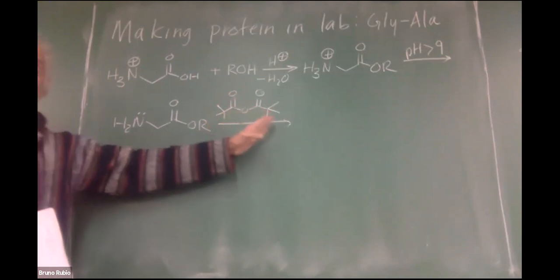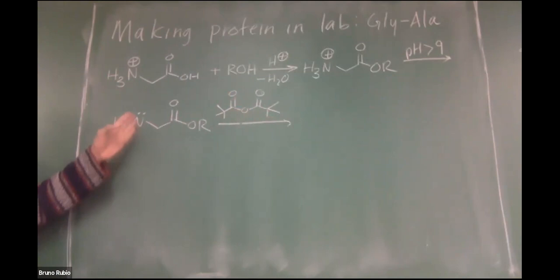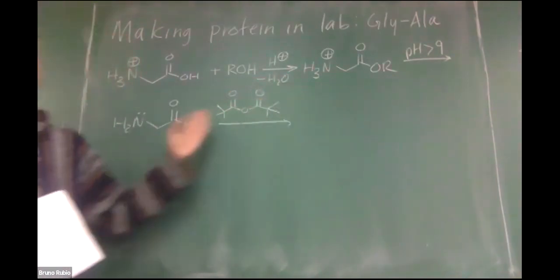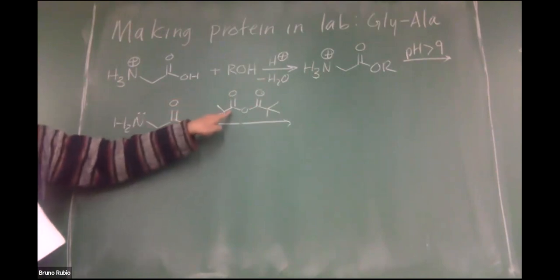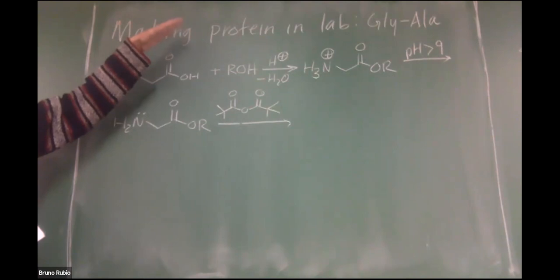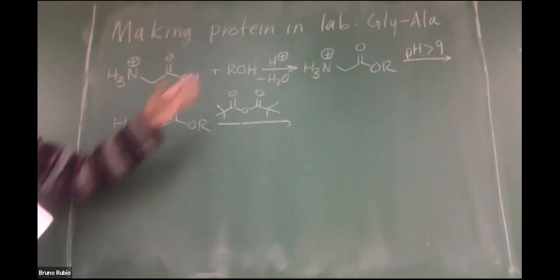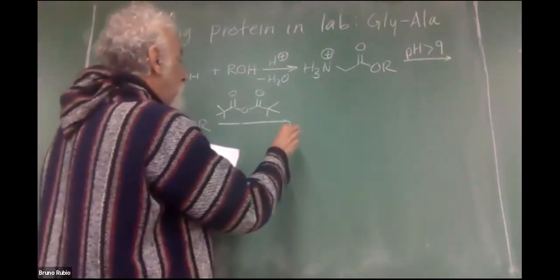This is going to go away, and the nucleophile minus a proton is going to take its place. So the adjustment of the pH to 9 was to allow this amino acid to react with this anhydride. Remember, these anhydrides are very high on the reactivity ladder, so this reaction should pose no problem.